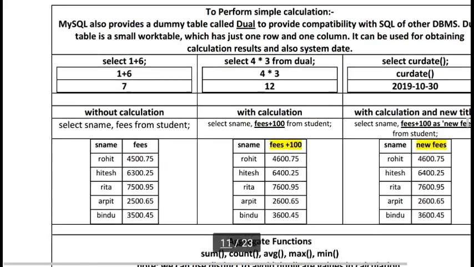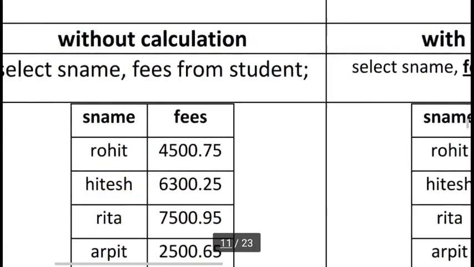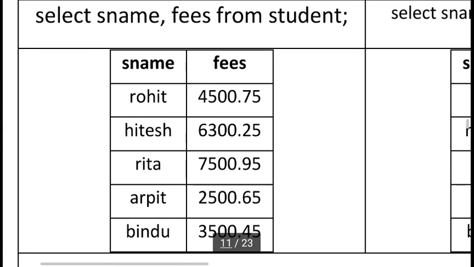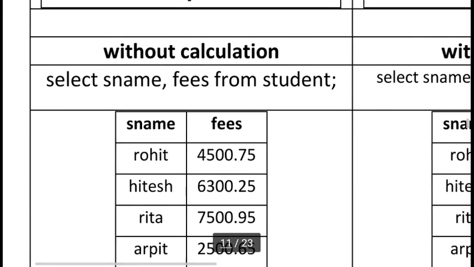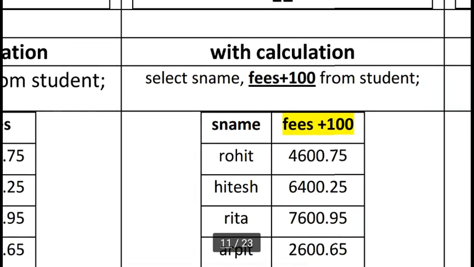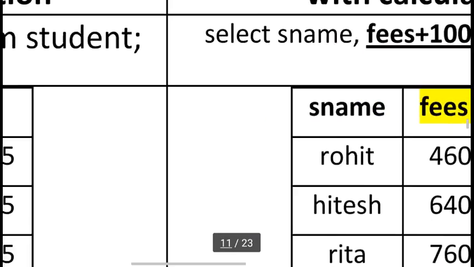Suppose without calculation I want to see SNAME and fees from the student table. You can see SNAME and fees, Rohit and fees. But in the fees column I want to perform some calculation, so I write SNAME, fees + 100.